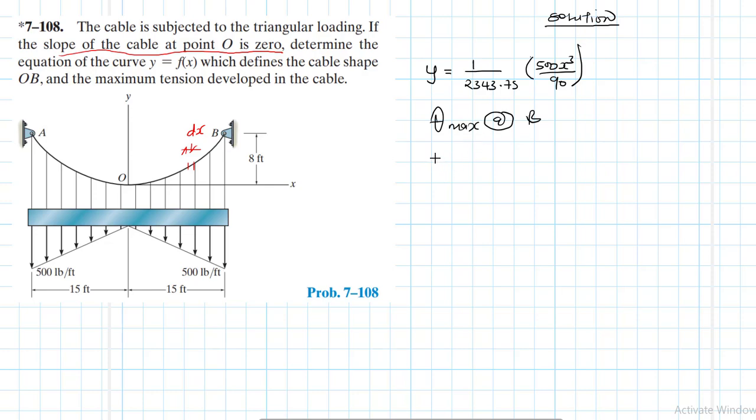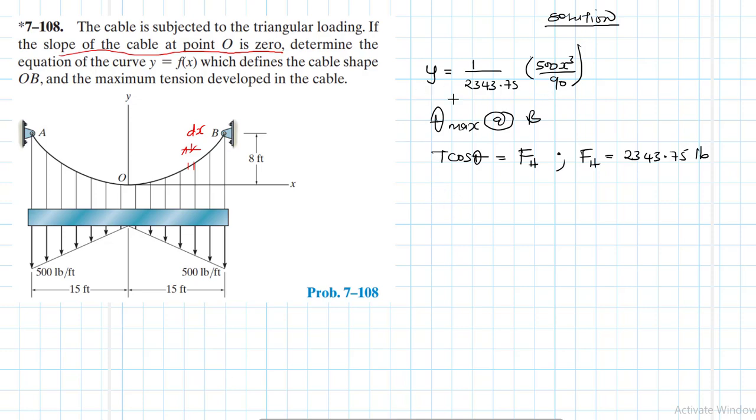And we are going to use this equation, T cos theta is equal to FH. So we know our FH already. FH is equal to 2343.75 pounds. And we don't know what this theta is. We can calculate it using the same equation that we found.